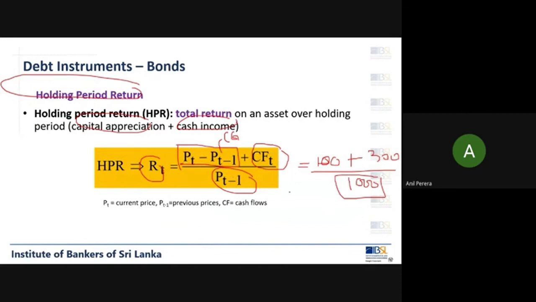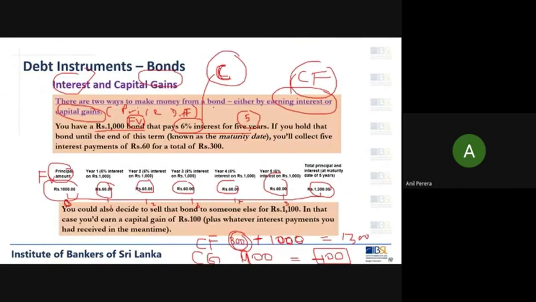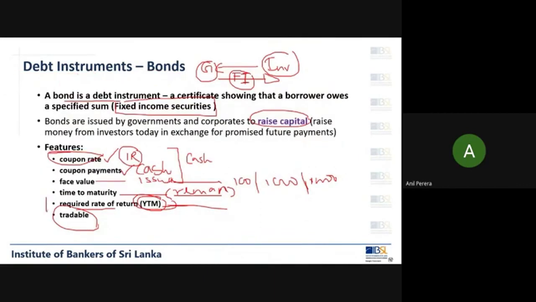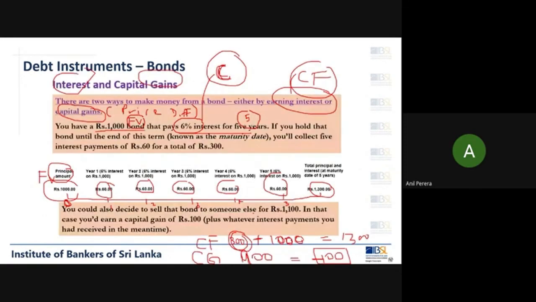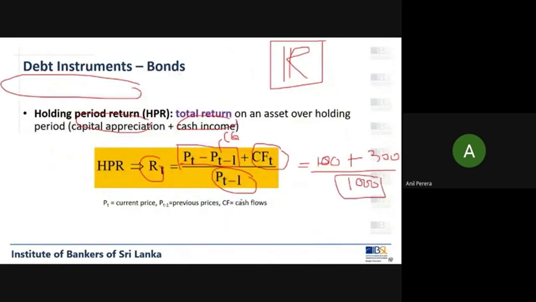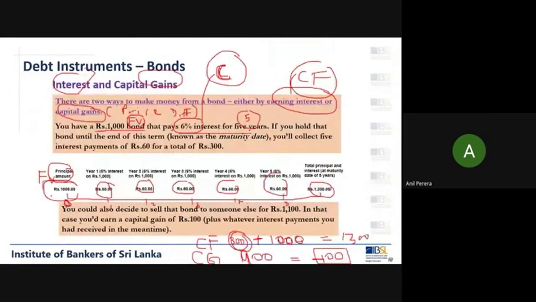The key factor behind this price change is the interest rate in the economy. Now, I told you this required rate of return, this YTM, is actually based on the interest rate in the economy. So if interest rates are changing in the economy, this bond value of 1000 is changing.